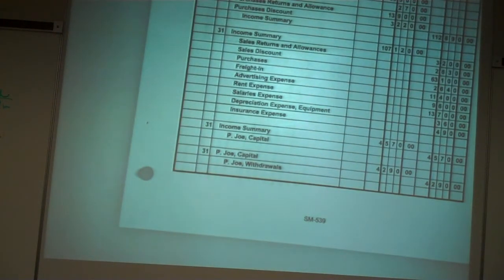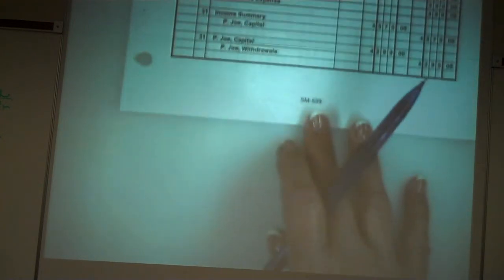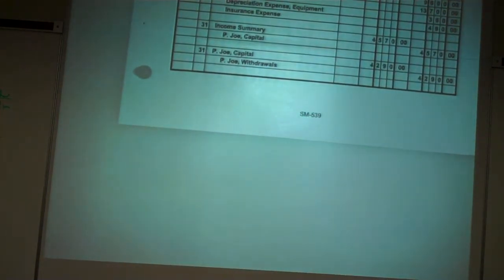All right, we have 2 more closing entries. Our third one is going to be to close the income summary. And the income summary amount is going to be what number? Where does that number come from? Our net income. Now, we're closing income summary with a credit to capital.